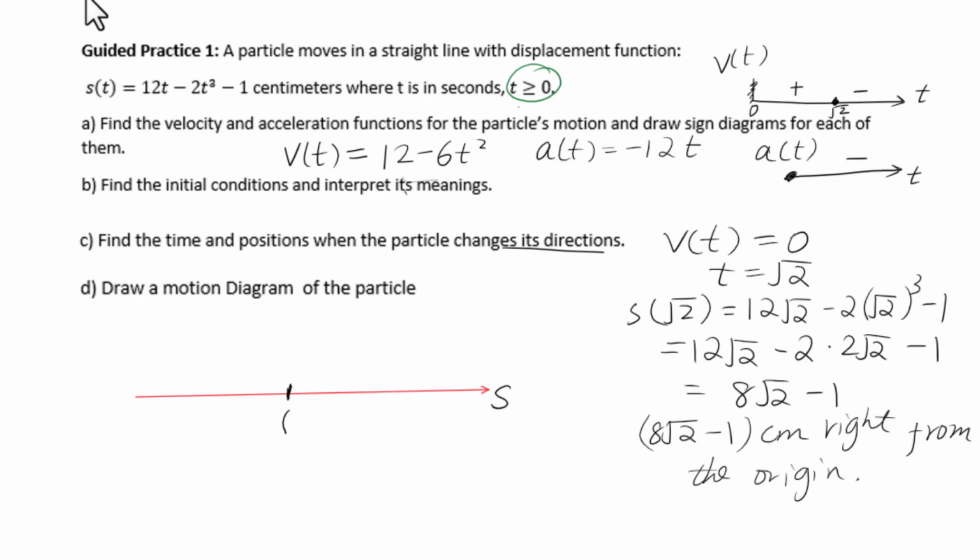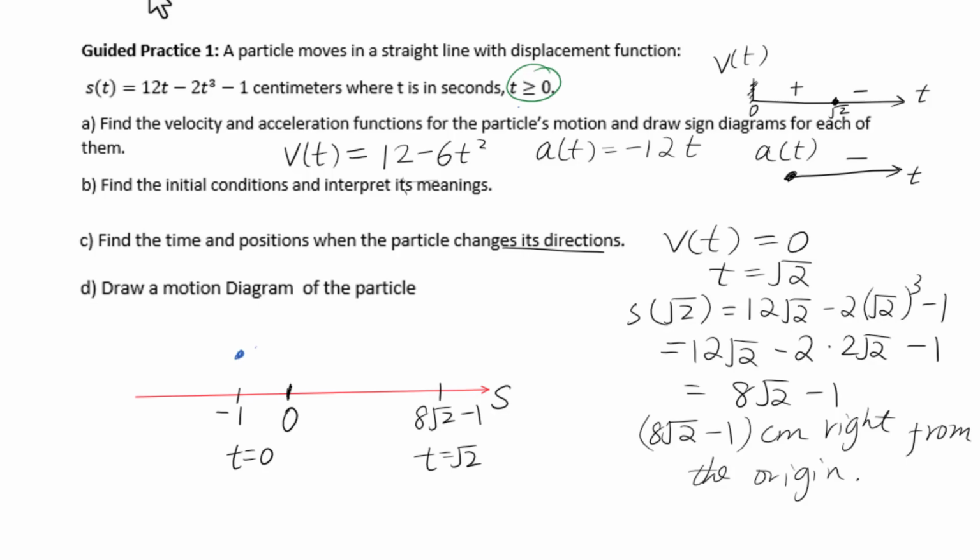For the motion diagram, this is the displacement axis. This is the origin. When t equals 0, the particle is 1 centimeter left from the origin. When t equals square root of 2 seconds, the displacement is 8 square root of 2 minus 1.